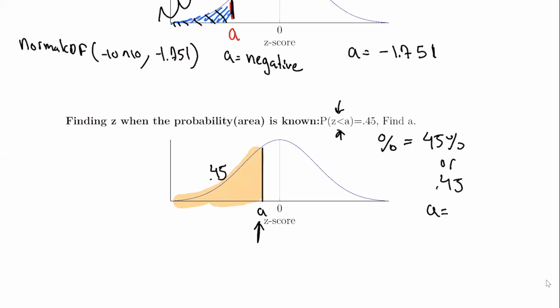Right. So up here, we're going to look for A. Since A is to the left of 0, we should already know A should be negative. So when I do inverse norm, I should already know it should be giving me a negative value.